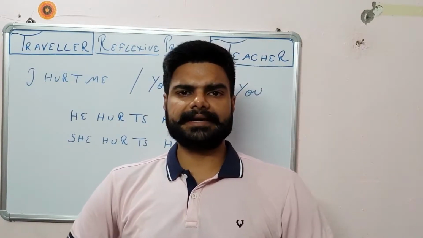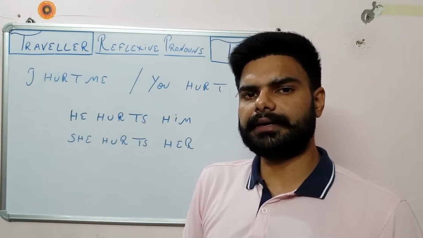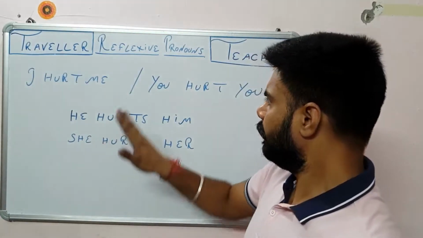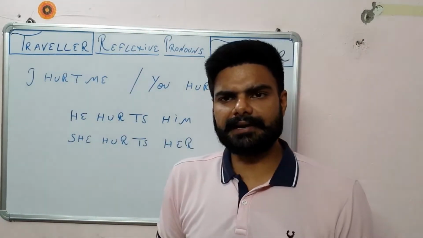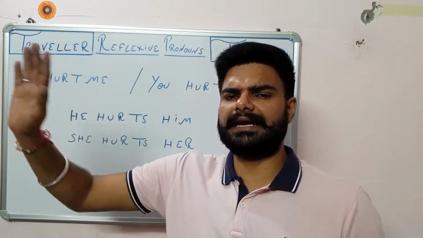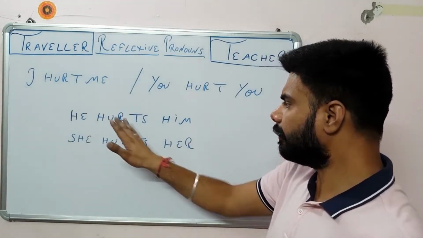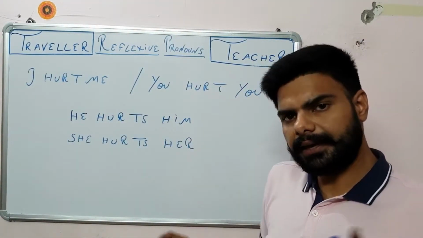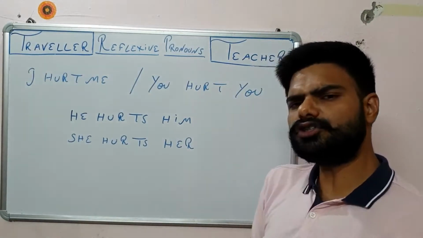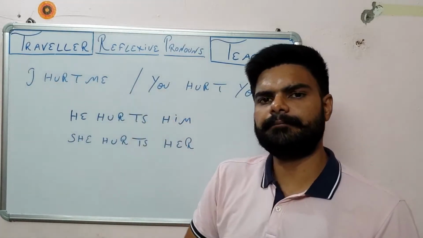Okay, now let's revise the case once again. When I say I hurt me, it's very much sure that I am going to hurt myself only. You hurt you, that is once again very much sure that you are going to hurt yourself. There is no other person whom you are going to hurt. But when we say he hurts him, can you be sure that this him is for the same person, he?